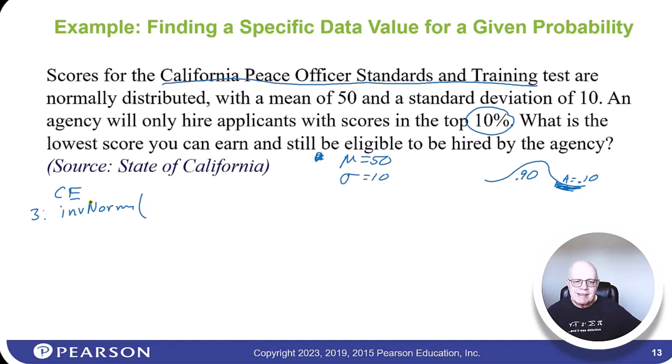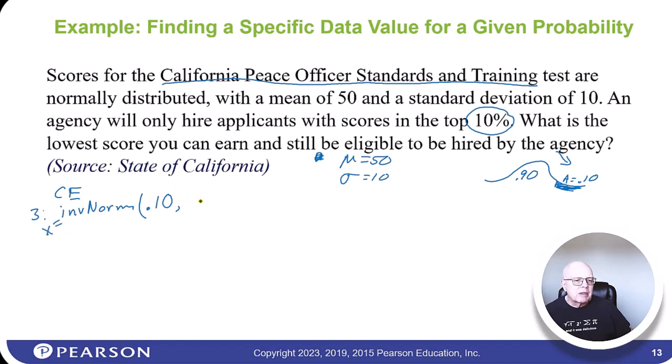Now, if you're working with a CE, you can put in the area straight away. Just 0.10. That's the 10% that are in the top. What else do we need? Well, you want the lowest score, so you want the X value.